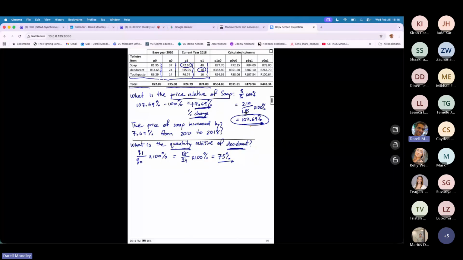We work out the change by taking the quantity index, which is 75%, and we subtract 100%. And that gives you minus 25%. So we know that's a decrease because we can see it's a minus. So lastly, we'll just interpret this. So remember, we are talking about quantity.